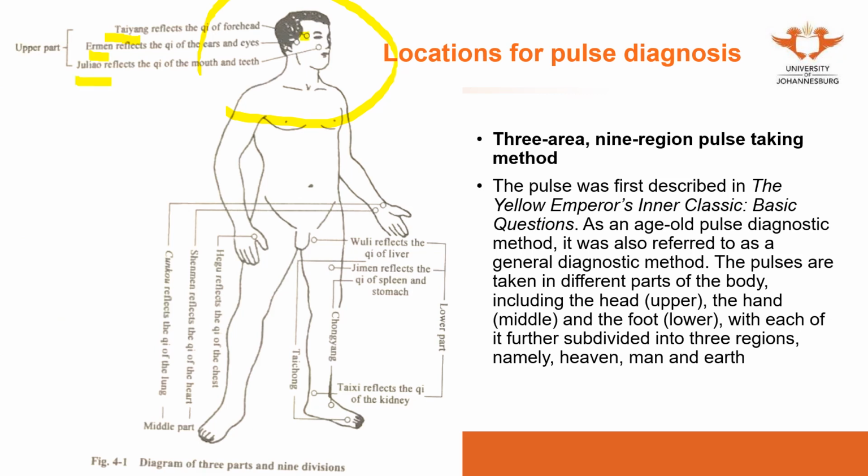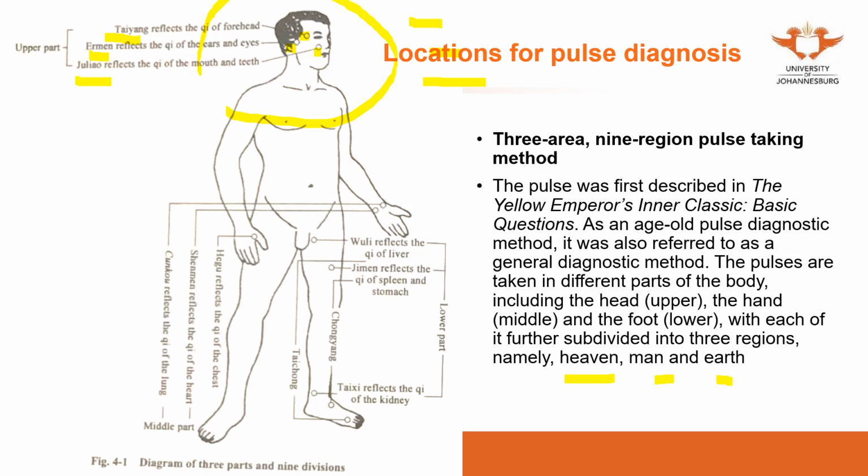Closer to here, you can feel the small artery beating. According to the height, the top one, the middle, and the lower are called heaven, man, and earth.